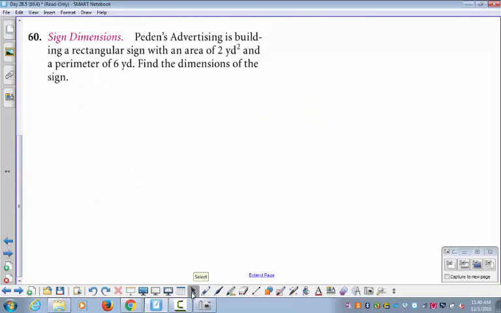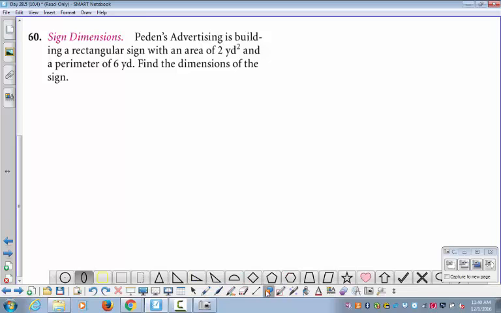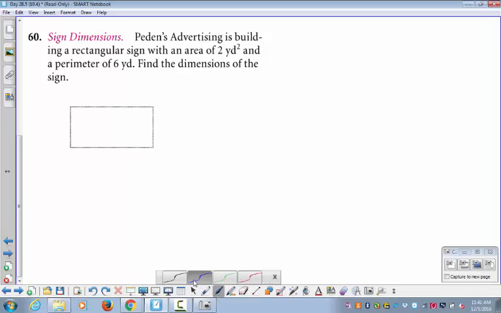All right, so let's go ahead and do this one. It's just a little word problem. It's not that complicated. We have a rectangular sign that has an area of 2 square yards. We know that the area is base times height, or length times width, so the height times the base is 2.